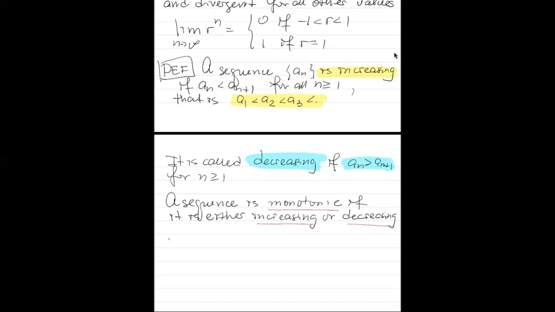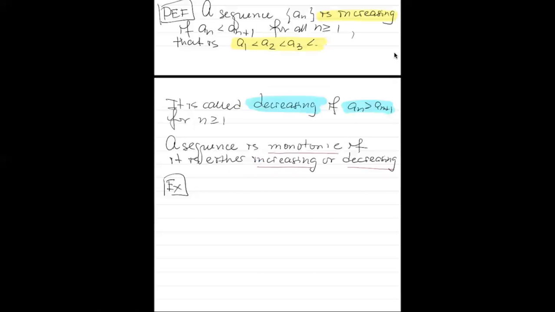So, example: show that the sequence 3 over n plus 5 is decreasing.